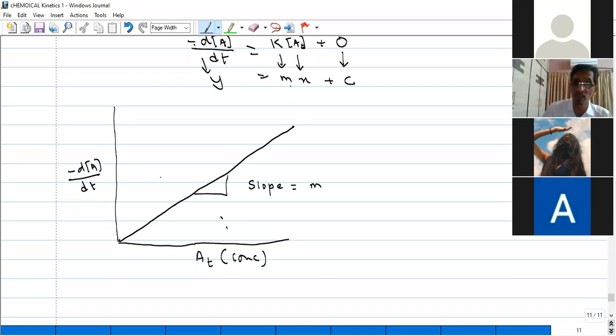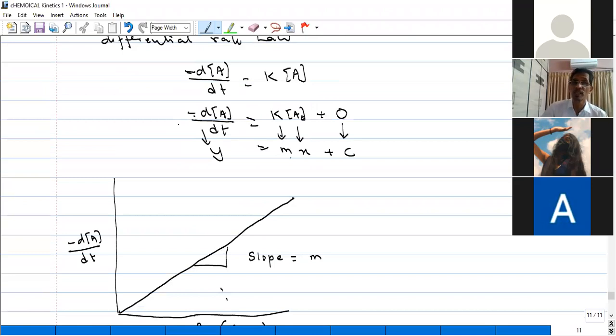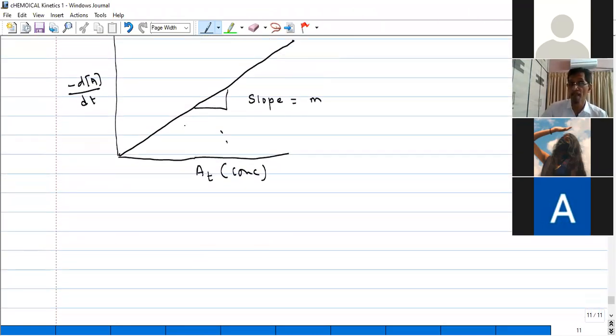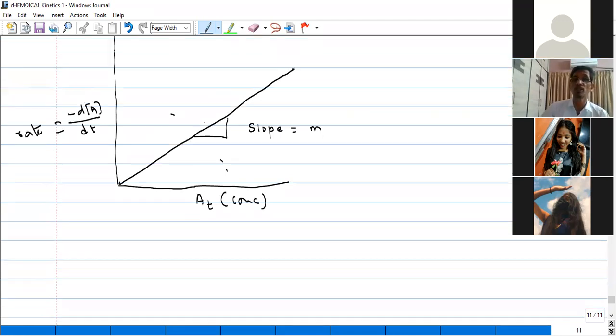That means it will pass through the origin. So this is one way of expressing first order reaction in graphical form. That means we plot rate against concentration, and you get a straight line passing through the origin.